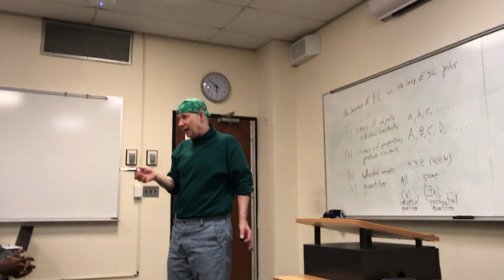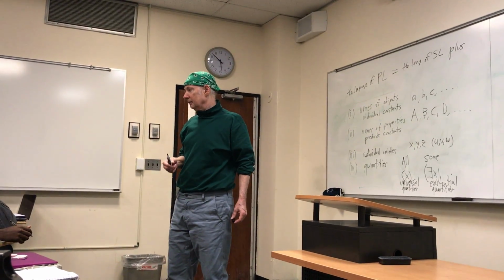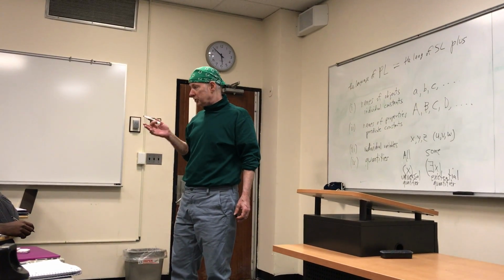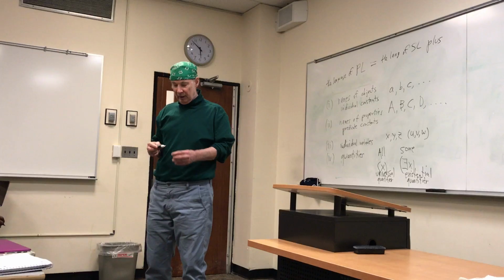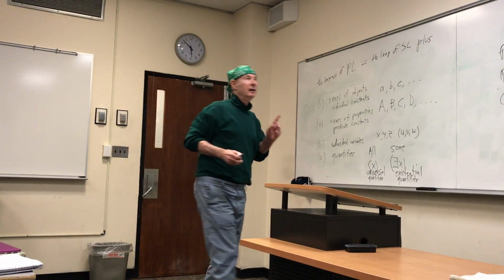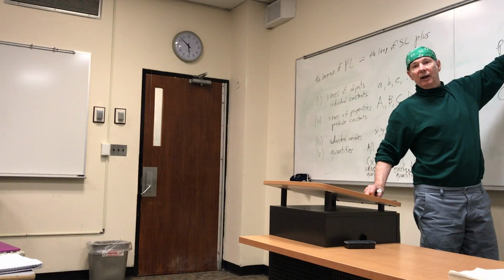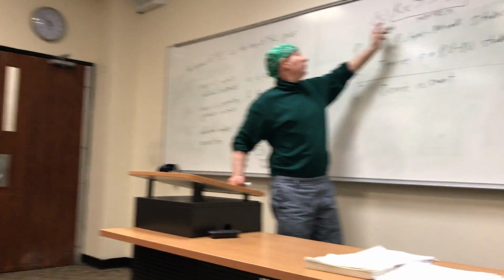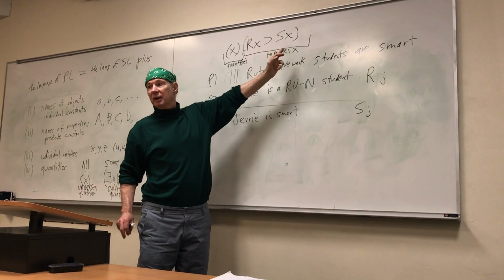It's not a Rutgers student, so the horseshoe is true of it. Because remember, a horseshoe is true if the left-hand side is false. And that's the trick. That allows us to specify the subset of objects in the universe that are both Rutgers students and smart.